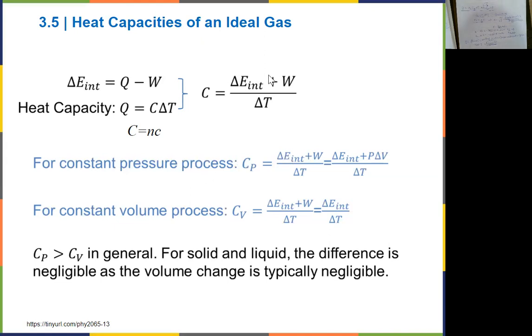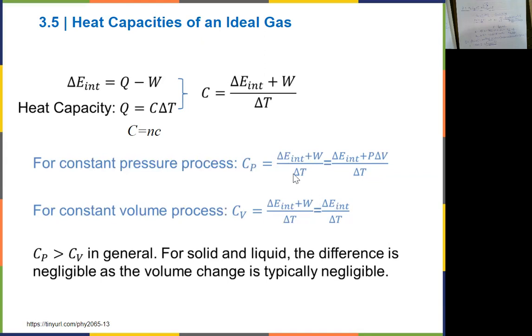Starting from here, W for constant pressure is equal to P times delta V, divided by delta T. For a constant volume process, the work done will be equal to 0 because delta V is equal to 0. So the second term will vanish, and you only have delta E divided by delta T.